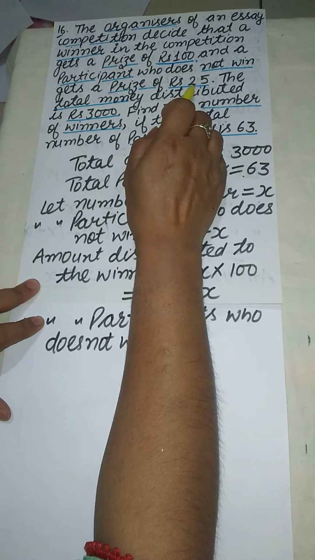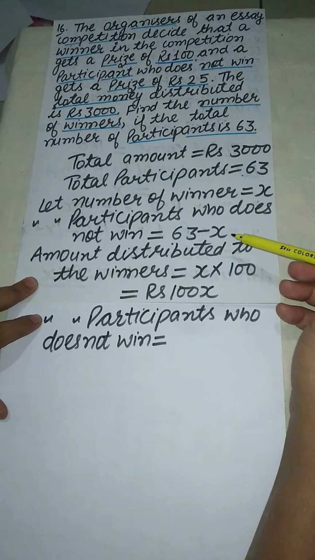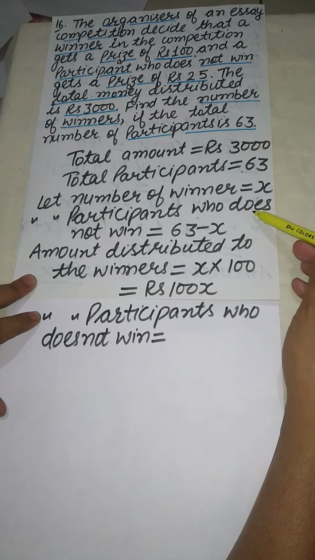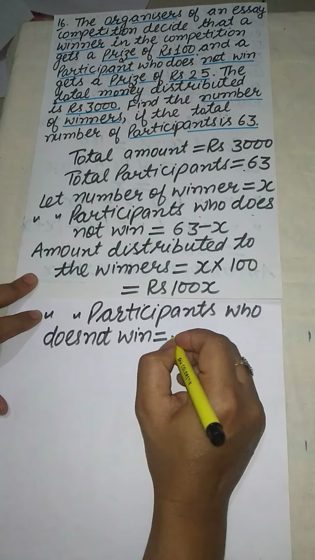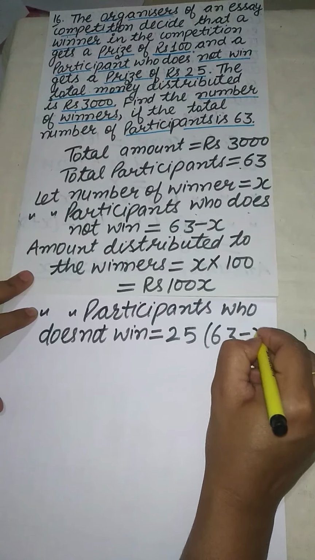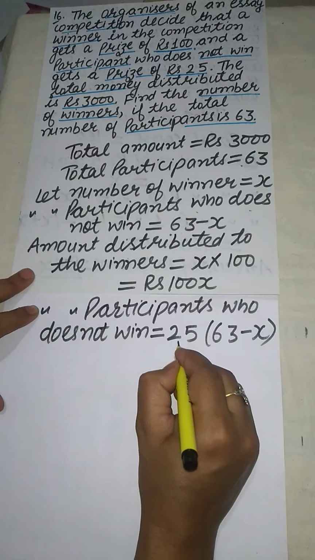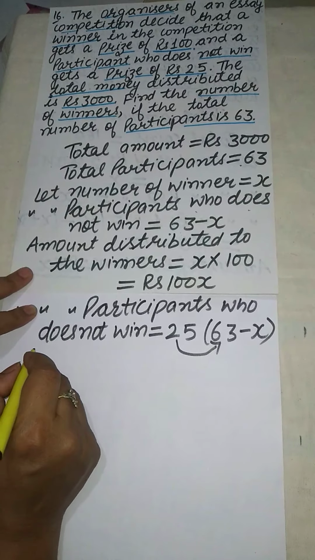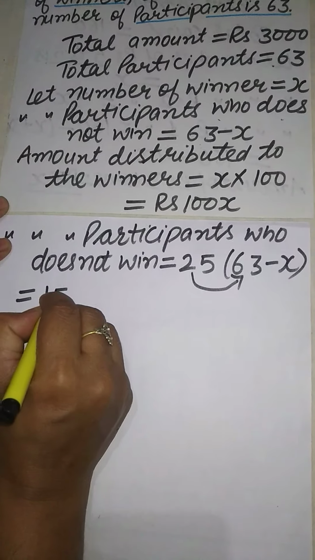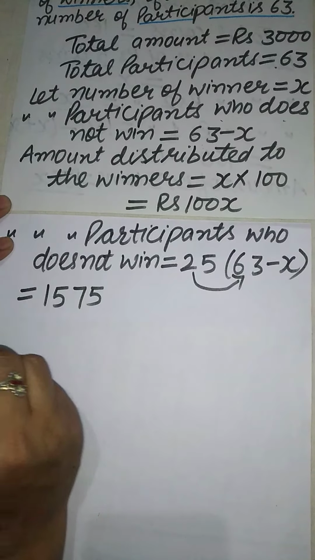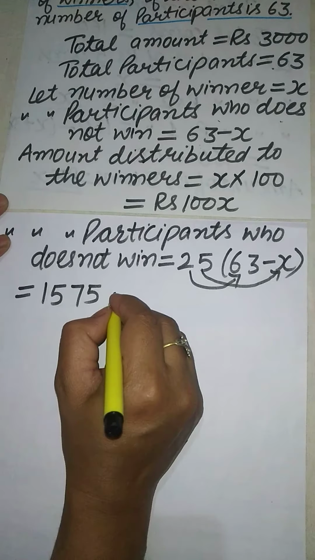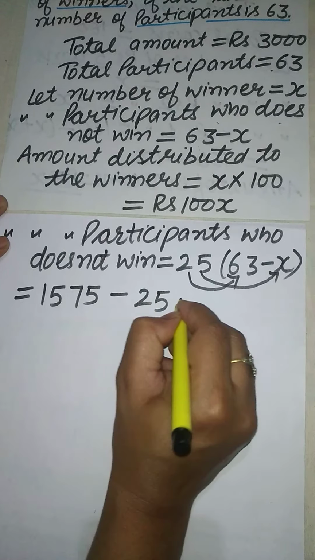There are 63 minus x participants who do not win. So it will be 25 into 63 minus x. Firstly, 25 multiplied by 63 will be equal to 1575. 25 multiplied by x will be minus 25x.